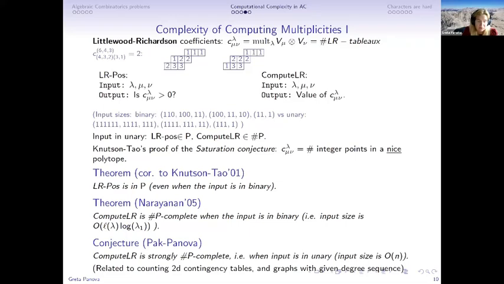So we don't know exactly where Littlewood-Richardson stands when the input is in unary. So there is already an open problem here. But in any case, the combinatorial interpretation definitely puts it in Sharp P.